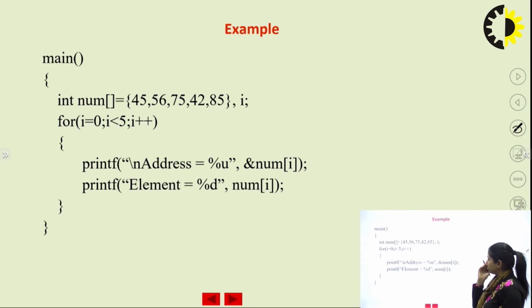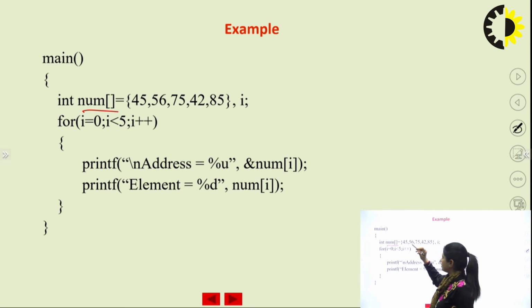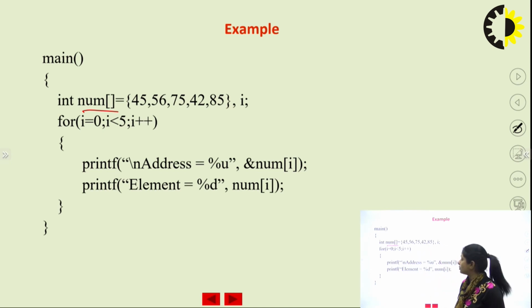Fine. So, this is just a simple example of how we can display the address and the elements of an array using a simple array variable. Say I have taken an array of integer type, num, and these are the values in this array, the array elements. And we are simply trying to display all the elements of the array. As we have discussed, we can access the array elements through indexing.